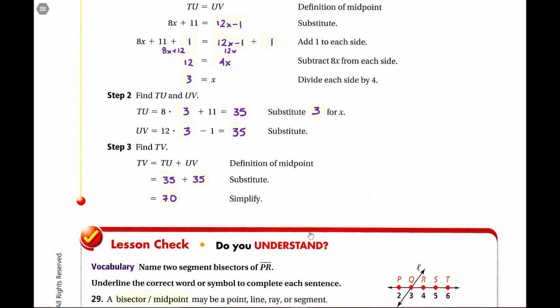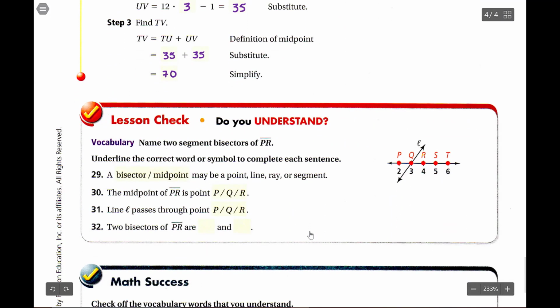And then our last one, we name 2 segment bisectors of PR. So here is PR, and we're going to underline the correct word or symbol that completes the sentence. A bisector or midpoint may be a point, line, ray, or segment. So that would be a bisector. A midpoint is going to be a point.